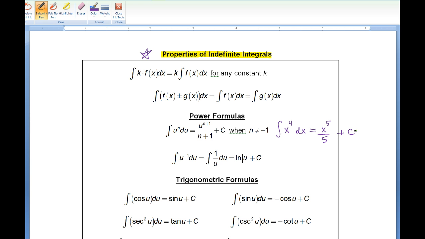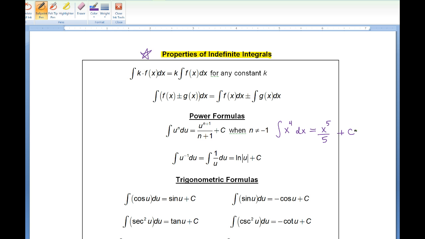The antiderivative is the area under the curve. I know it's hard to piece together how they're all related. It's a lot of information, but just know for right now, and we'll piece it all together in little bits, that for the antiderivative, we're just working backwards from the derivative.